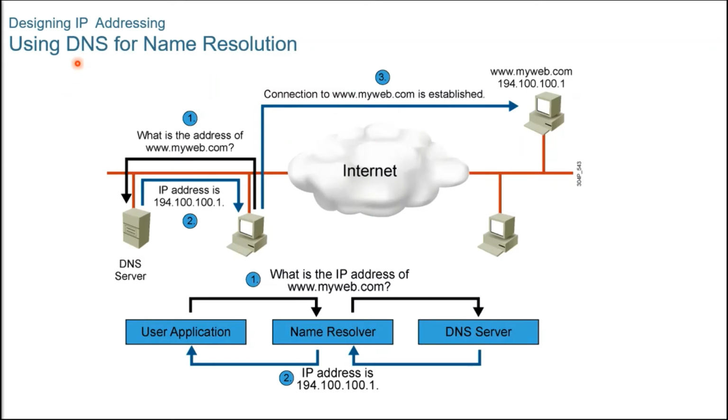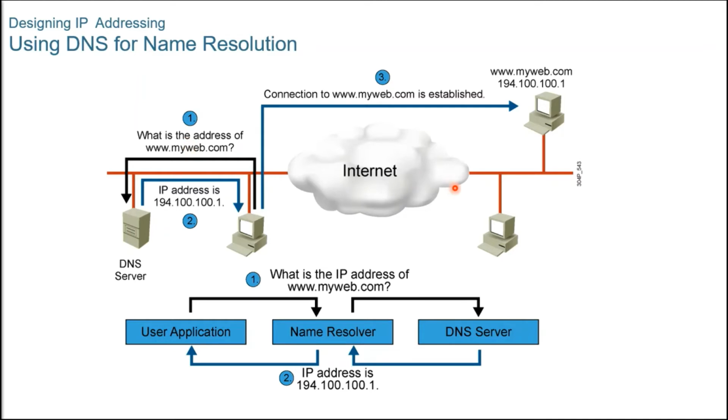Using DNS for name resolution. The figure illustrates the process of resolving an IP address using a DNS server. In step 1, a user wants to browse maybe myweb.com. Because the host does not know the site's IP address, it queries the DNS server.